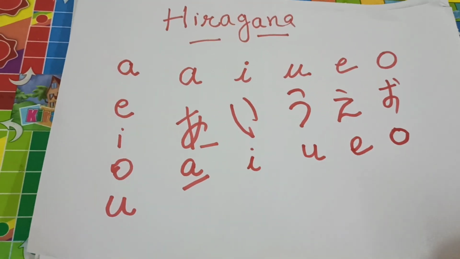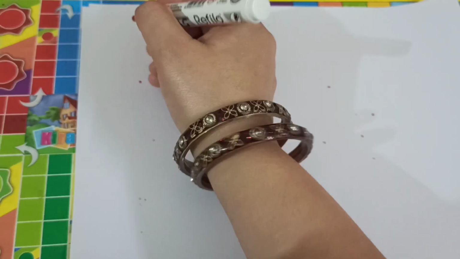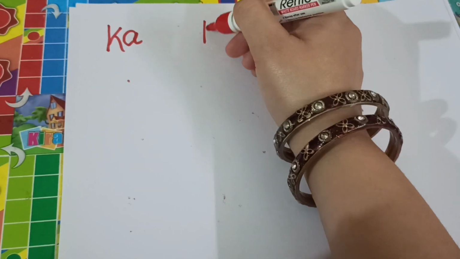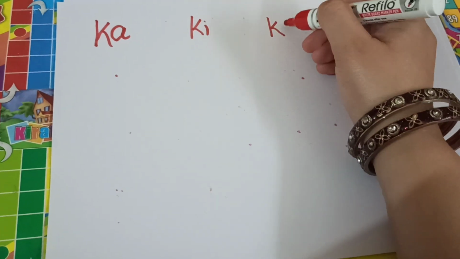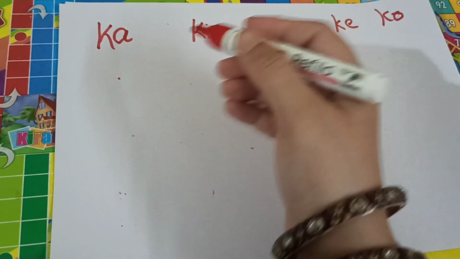So friends, now we will come to the next line. The next line will be Ka, Ki, Ku, Ke and Ko.